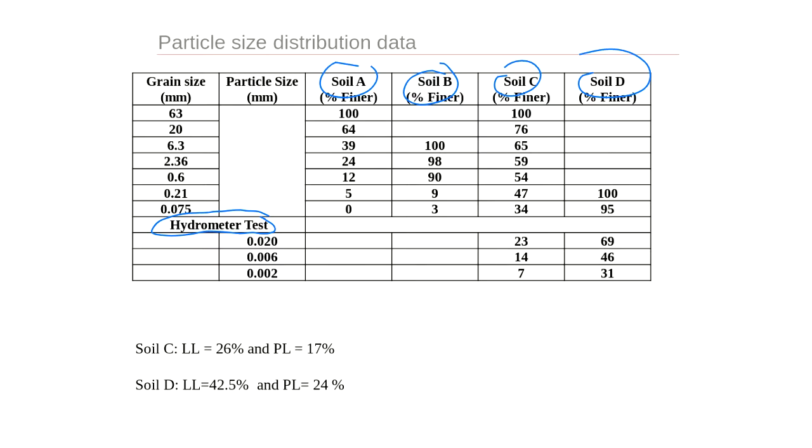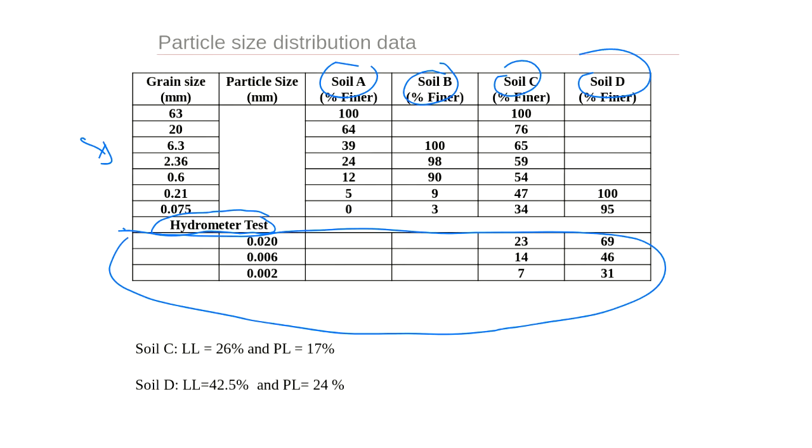And you see this one is sieve analysis, and this part is the hydrometer test. You will notice that we only have data for the hydrometer test for soil C and soil D. Do you know why we only did soil C and soil D? Anybody would like to tell me why?